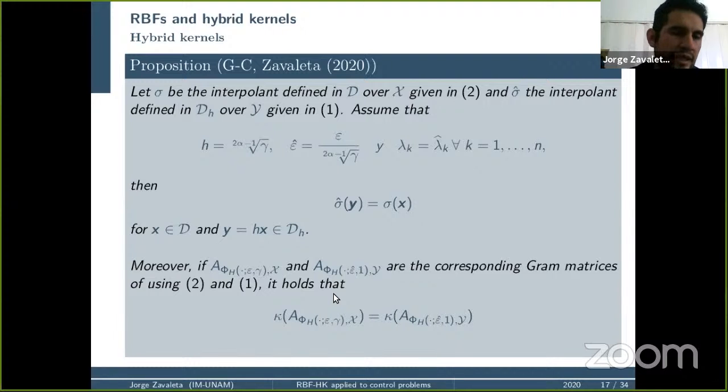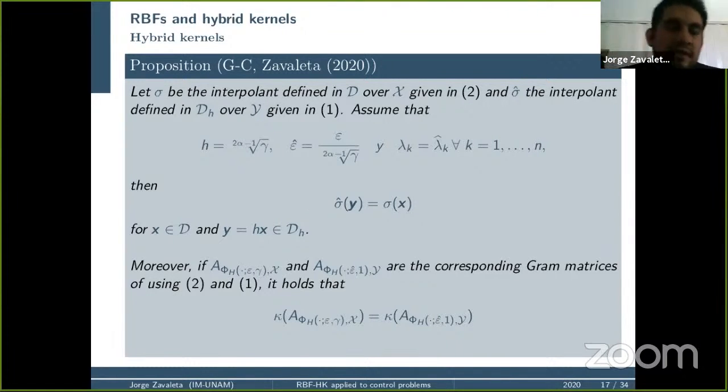But one property that I really like is that under uniform scalings, the condition number is preserved. This is a property that I am looking for in these methods, and it also gives me some guess of how I could choose these parameters in the selection of the hybrid kernels.